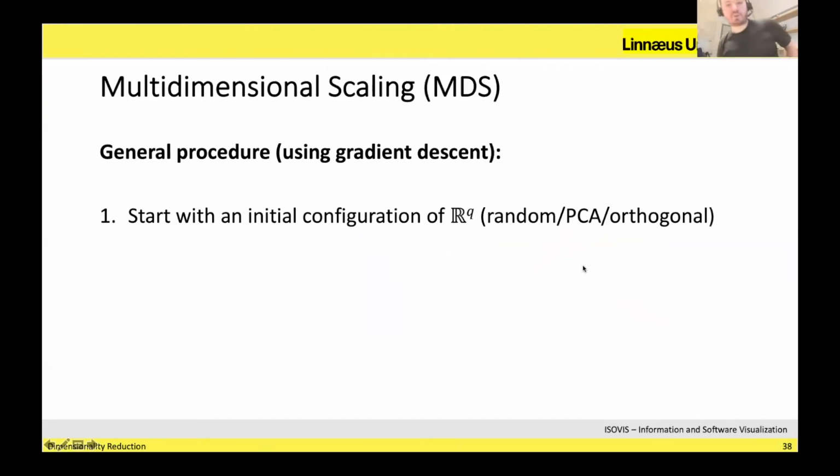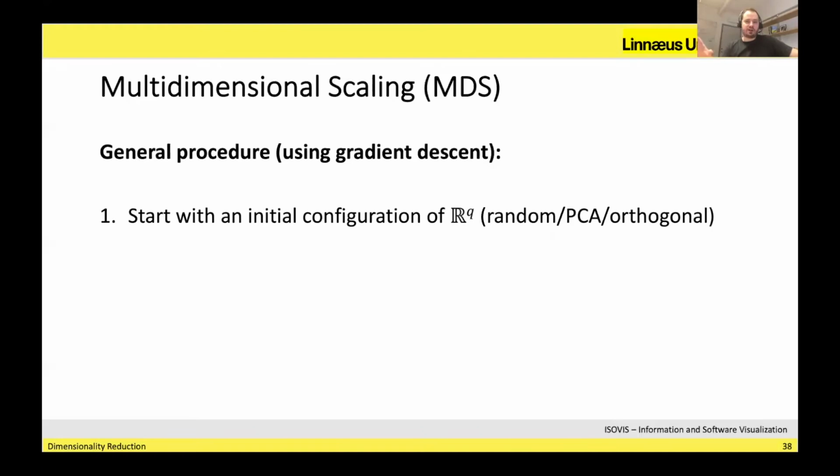This is the general procedure for obtaining an MDS projection. It's a little bit different than PCA, and there are some analytical solutions using linear algebra, but in general, we use gradient descent for this. So we start with an initial configuration. Could be random, could be a PCA, could be whatever.